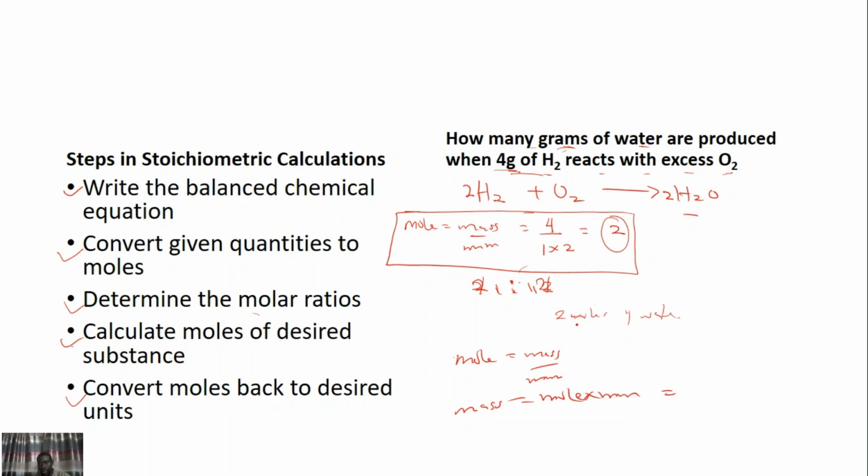We know the mole of the water that we will get is 2, times the molar mass of water, which is 18. So this will be equal to 36 gram. All right, so this is our final answer: 36 gram of water will be formed from 2 moles of hydrogen.